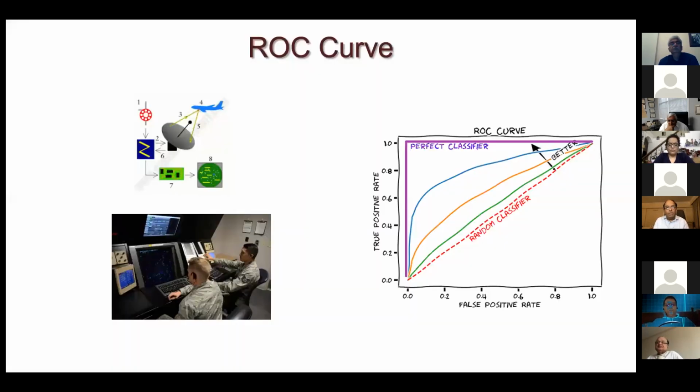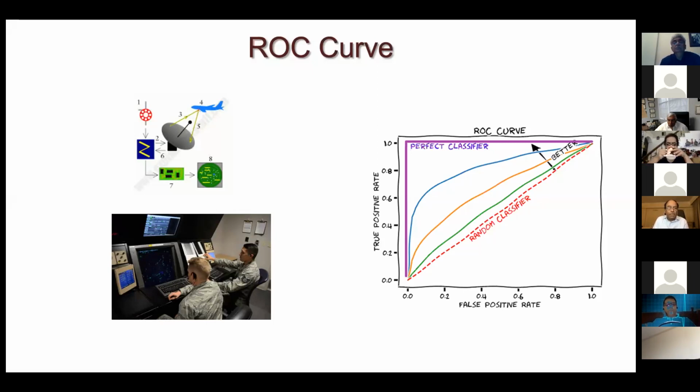The ROC curve is called the receiver operating characteristic curve, and the name is derived from Second World War days, when America had the Pearl Harbor attack and afterwards wanted to improve radar capability. The radar operators and receivers had to decide, based on the signals, whether it was an enemy plane or just noise.